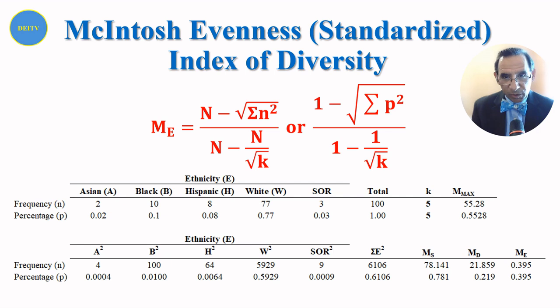The figures are small, so I can't really read them with my glasses. So that score is the McIntosh evenness score or standardized score, and in this case it is 39%. The organization obtained 39% of the maximum value of diversity possible. That's how you interpret that figure.